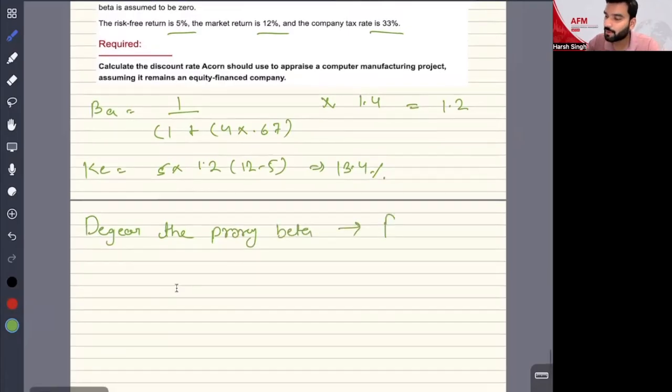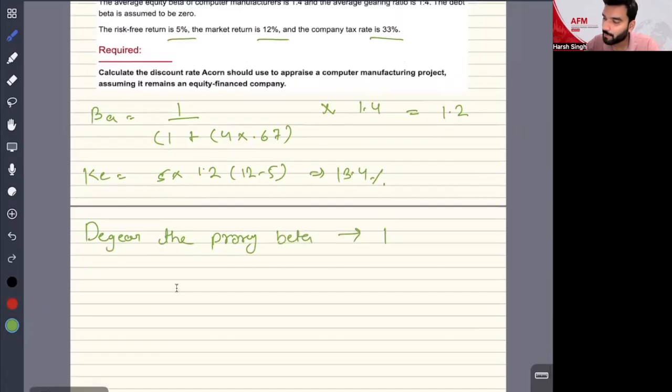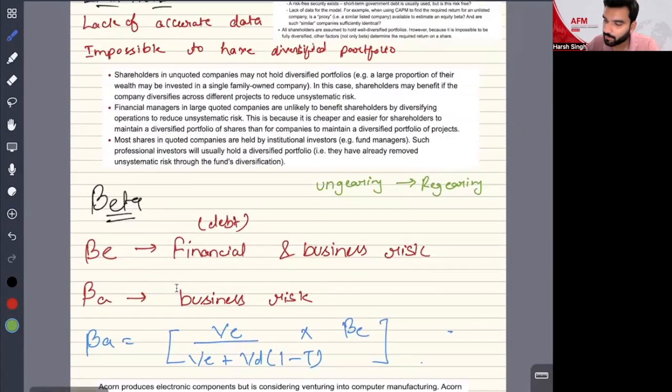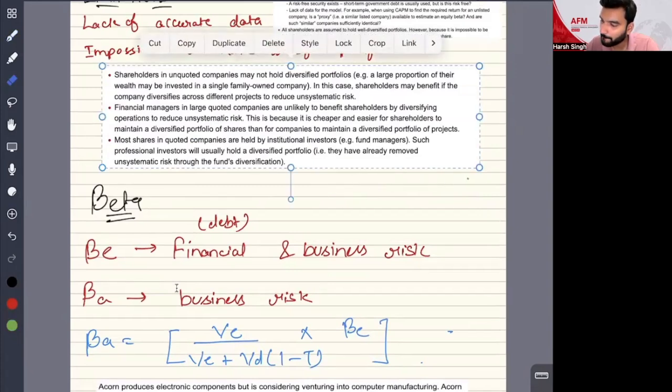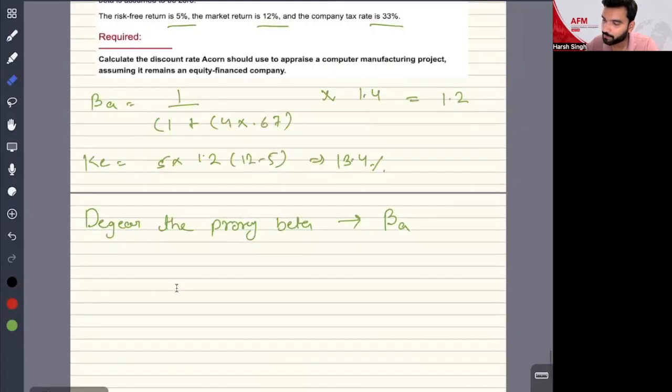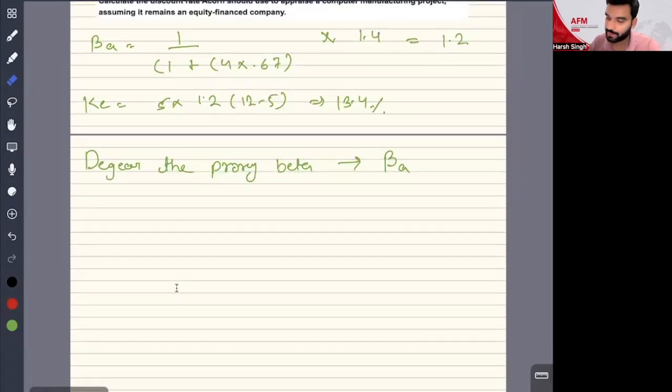That will give me beta asset. I'll remove this point, it might confuse you guys. Okay, de-gear the proxy beta.